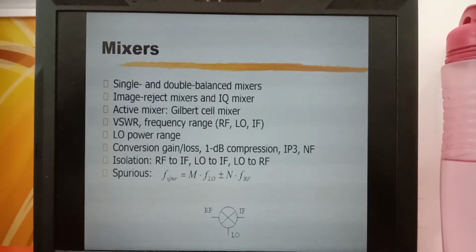The spurious output frequency can be given by M times FLO plus or minus N times FRF, where M and N are integers.